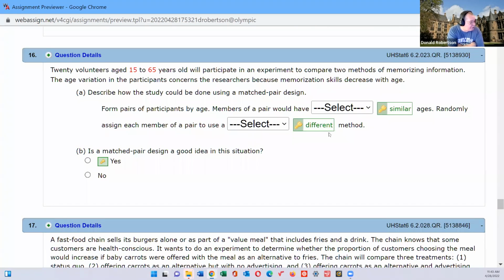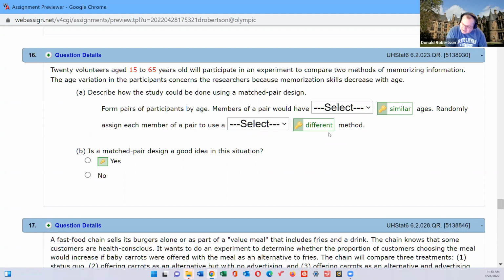Describe how the study could be done using a matched pair design. So what you would do here is, if you've only got a small group of people and you want to get the best data, sometimes you have to resort to this matched pair. So you'd get two people who are 60 something, right? And two people who are about 55 or, you know, give or take a year, and two 15, 16-year-olds, right?